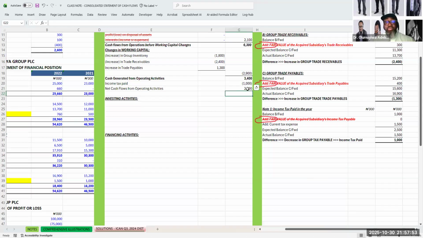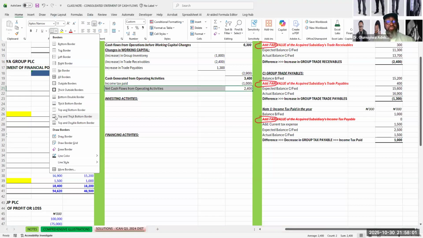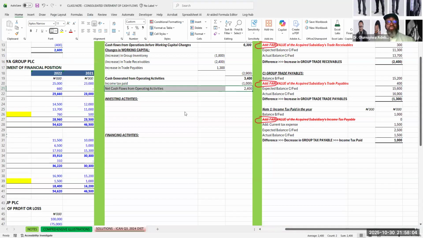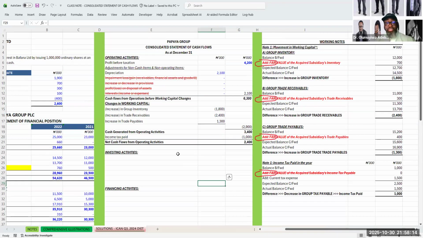All things being equal, this represents my net cash flow from operating activities, positive cash flow.